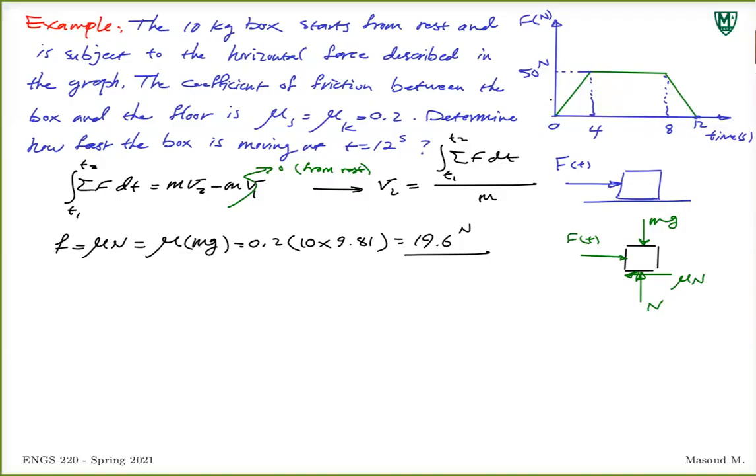If this is 50 newtons, I'll say it's somewhere here, 19.6. So here is the time T1 we're looking for. Before that, nothing is happening. After this is when the motion starts. Now, since you have the relationship between force and time, you can actually find where that time is.